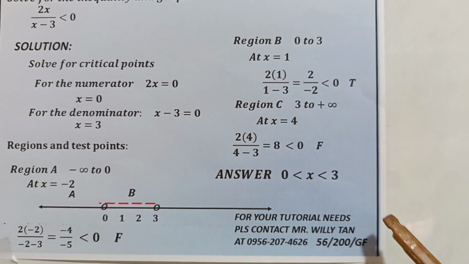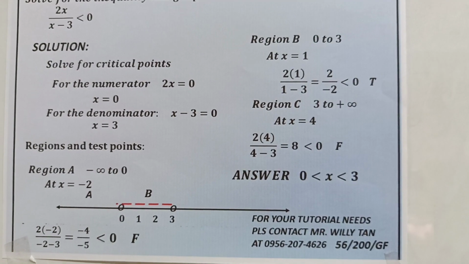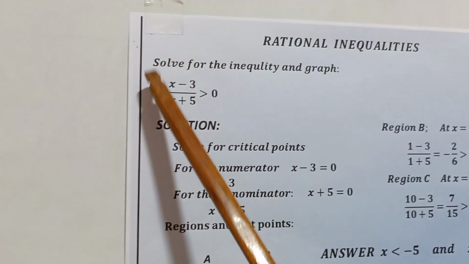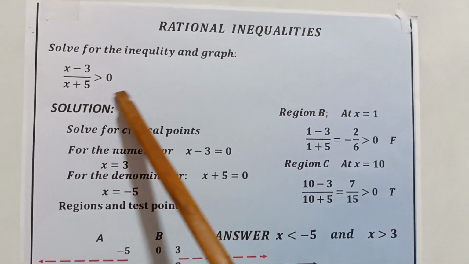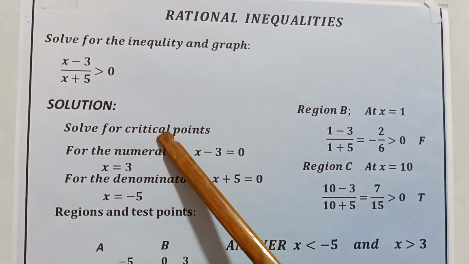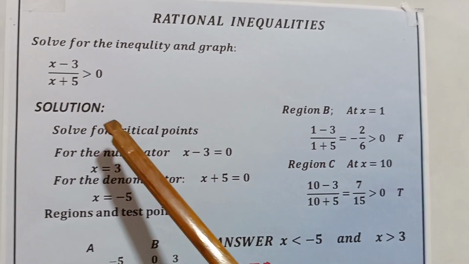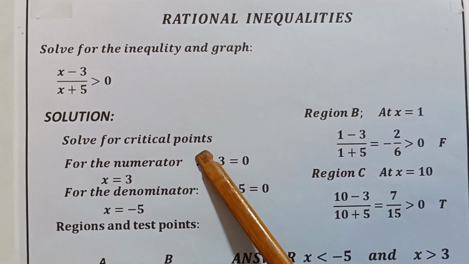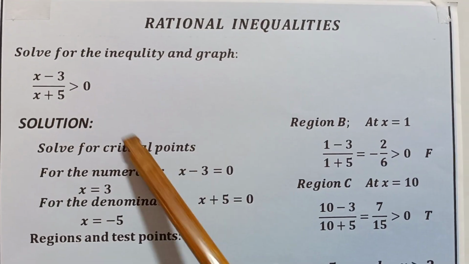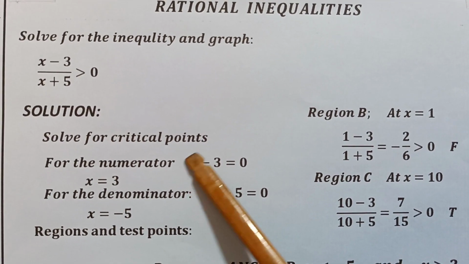For our second problem, we will also solve the inequality and graph it: x minus 3 over x plus 5 is greater than 0. Again, we solve first for the critical points and label them on the number line.